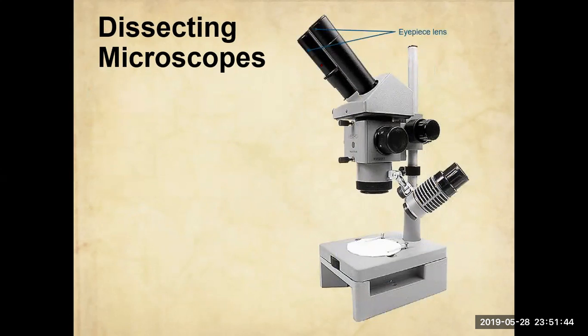So here are the different parts of the dissecting microscope: the eyepiece lens, and the height adjustment knob, so you can go up and down. By using these, you can go down or up.